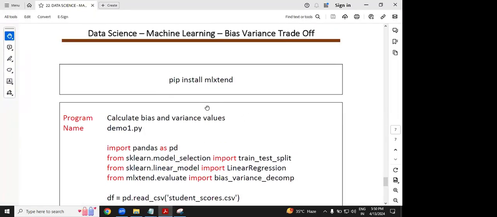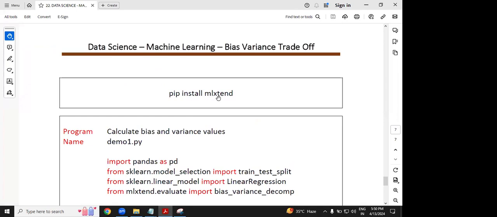That library is called mlxtend. Conclusion of the story: the scikit-learn library itself is not providing any function.